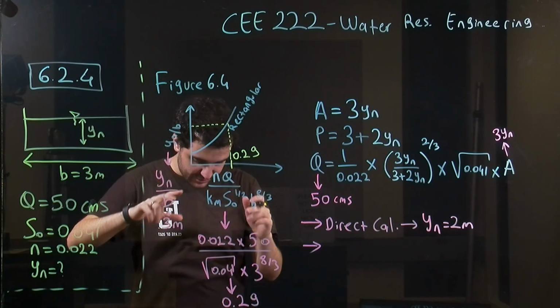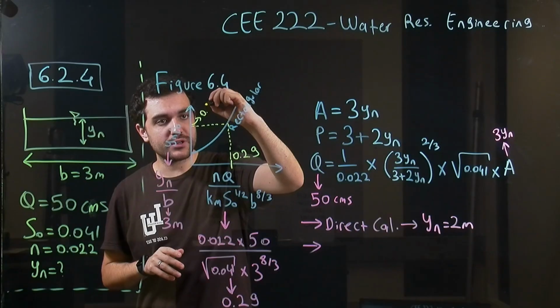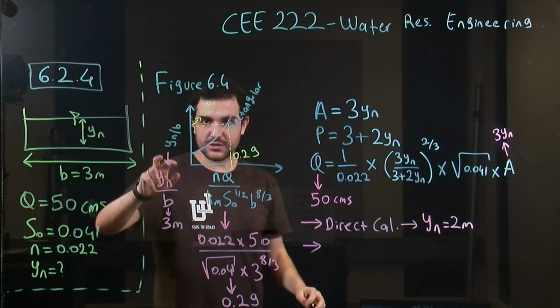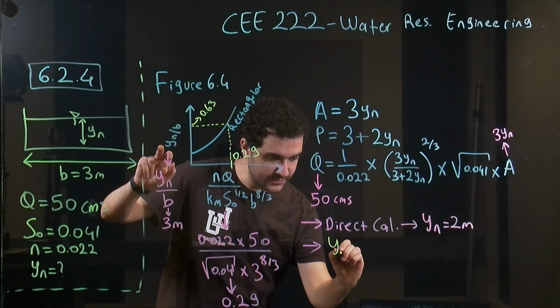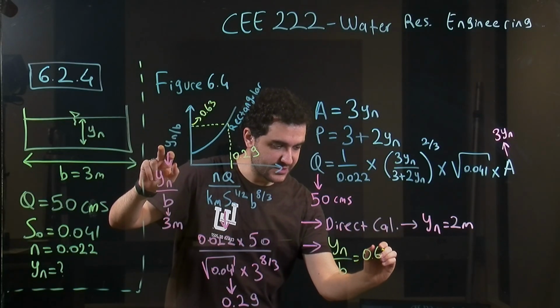If you check the figures, you will get something like 0.63. So this means that normal depth over B is equal to 0.63.